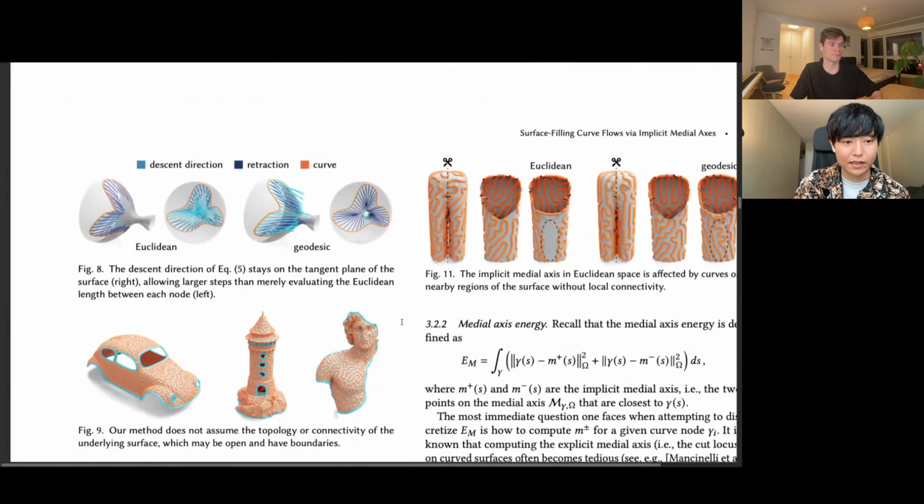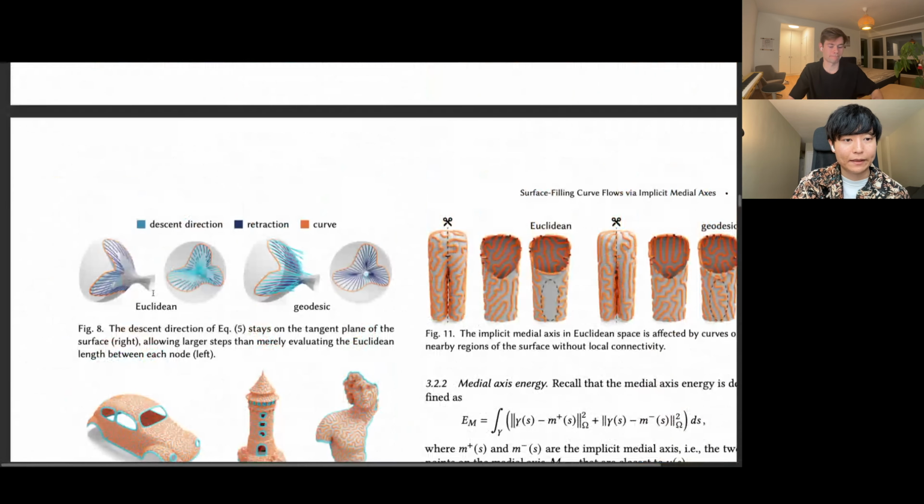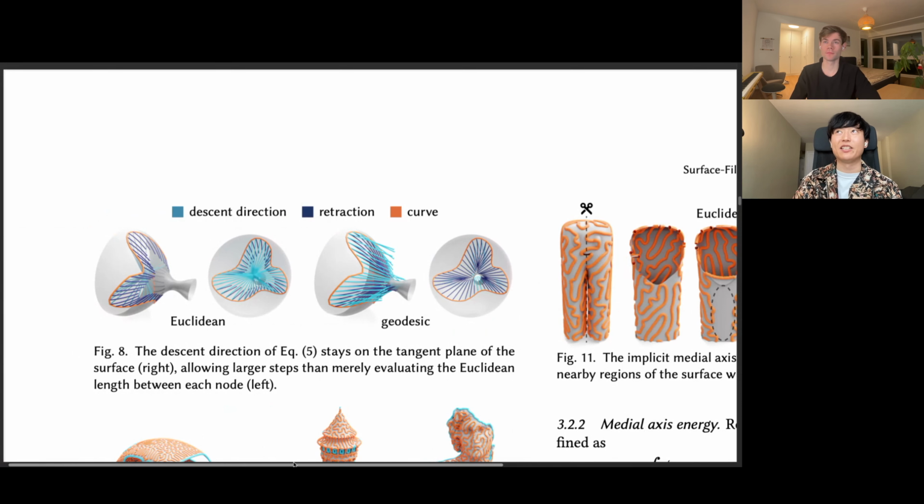So I think it's figure 8, that one. So we actually found out that using geodesic distances, using this piecewise geodesic representation in our curve, allows larger steps in your optimization rather than just using the piecewise Euclidean distance, because you can measure the length of the curve based on the curved surface.